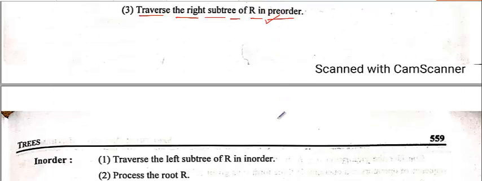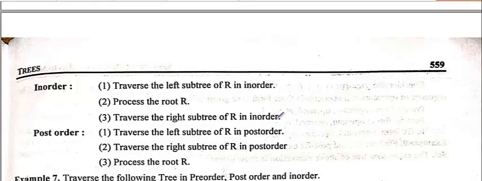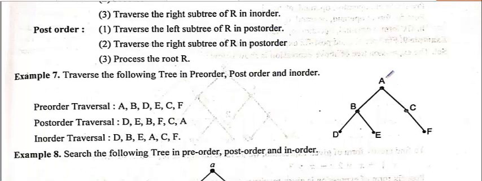Now, if I take the example here by the pre-order, first you visit the root, clear? Then you traverse the left tree, and you know that the left of A is B. Then you visit the B, correct?